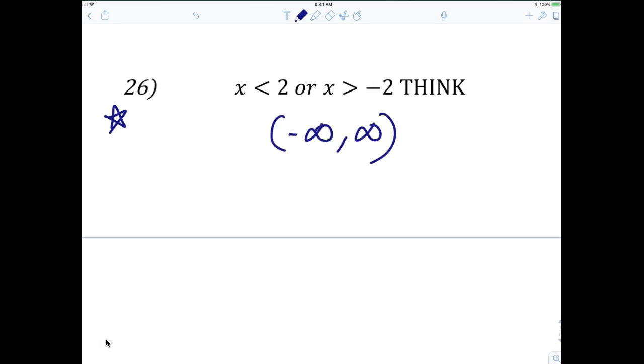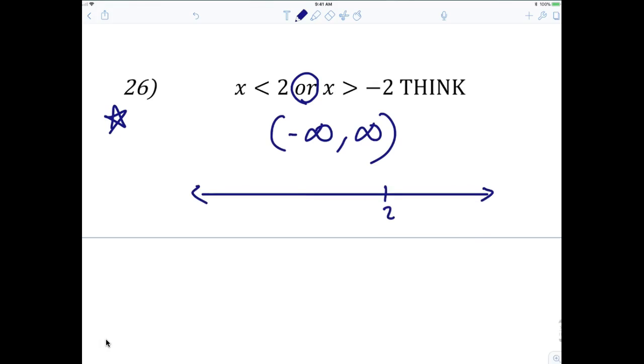15. Remember now, an or statement means it only has to be true for one of them. How about -17? Is that less than 2? Yeah. Then that works. All right, so let's look again at the number line.